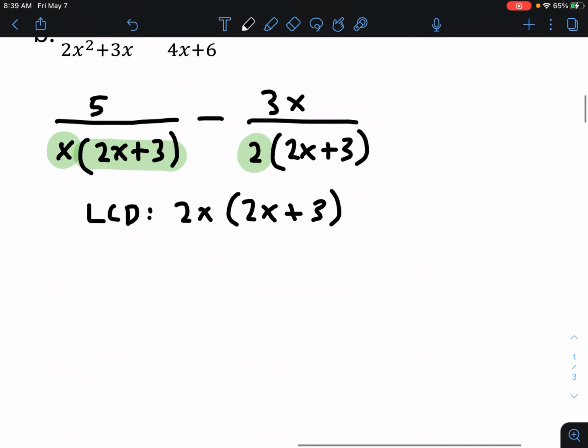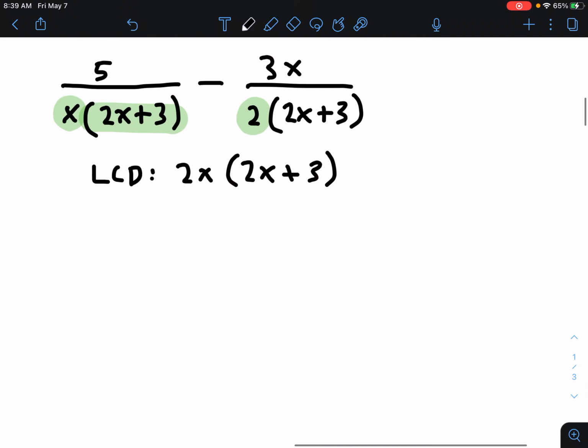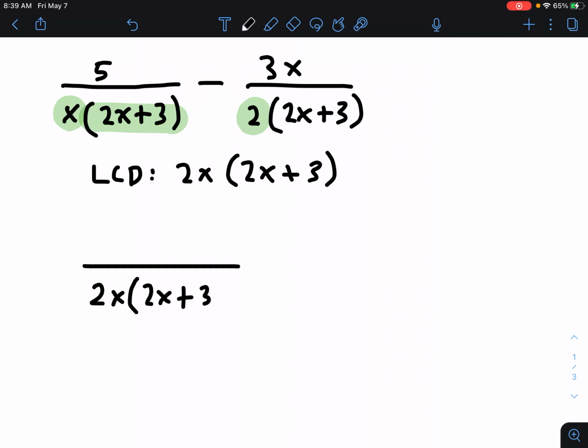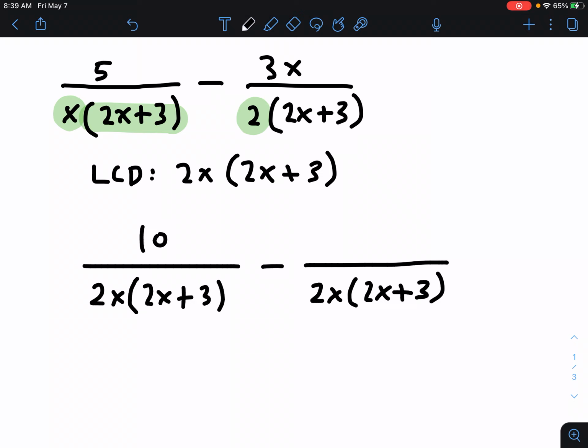And then I'm going to rewrite my fractions. And so in order to create my fractions, what do I have to do to the numerators? While I'm writing this down, you could think about that. And maybe you have the answer. Okay, so the first one, the difference between the numerators and the first fraction, I just have to multiply by 2, so this becomes a 10. 5 times 2 is 10.